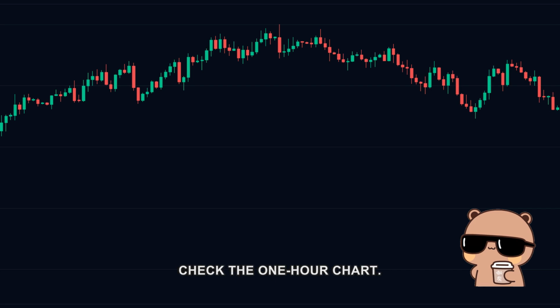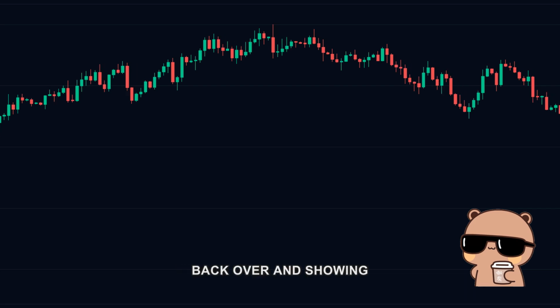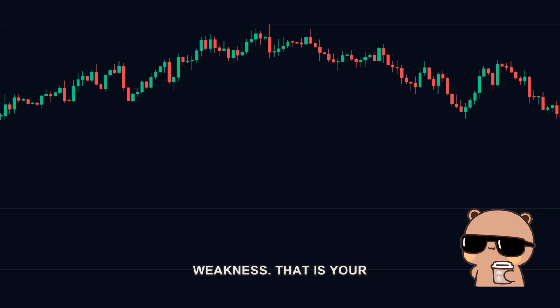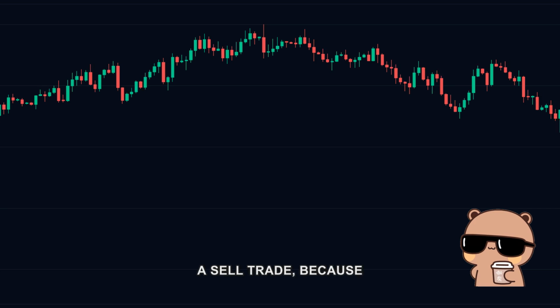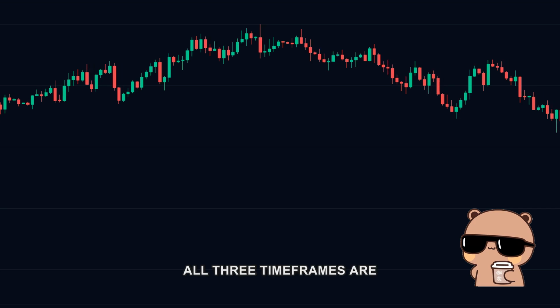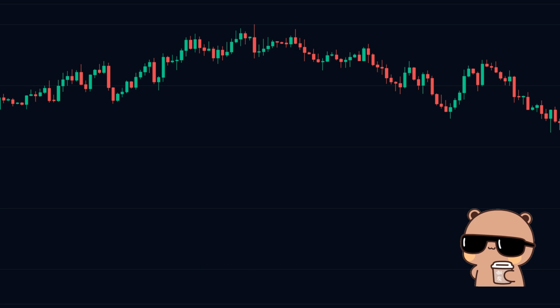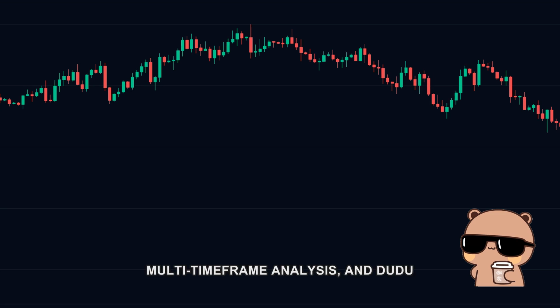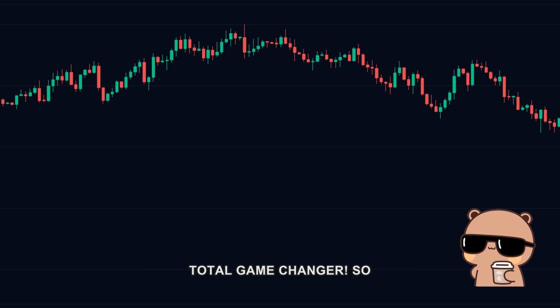Now you check the 1 hour chart. You see the price is starting to roll back over and showing weakness. That is your signal to look for a sell trade, because all three time frames are telling you the same story. This is called multi-time frame analysis, and Dudu got you on this. It is a total game changer.